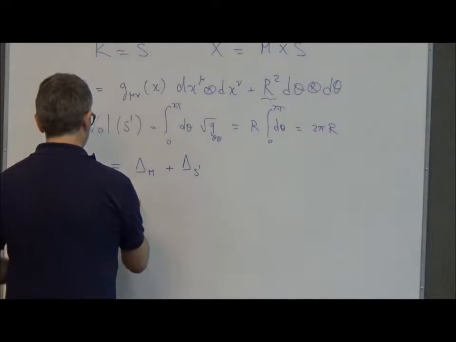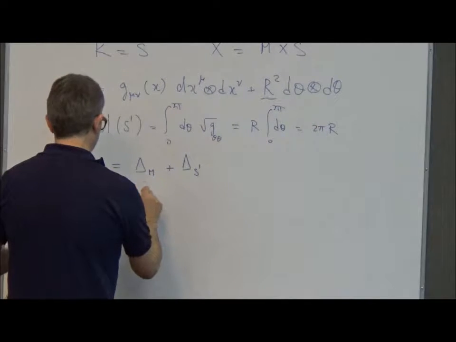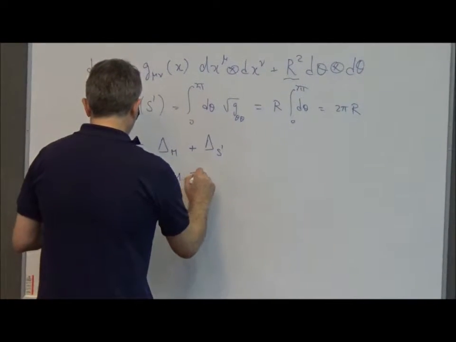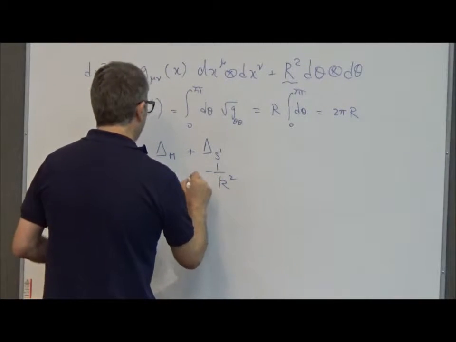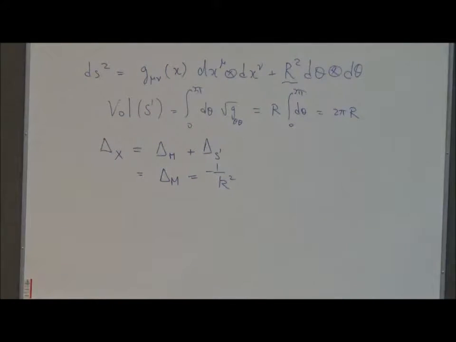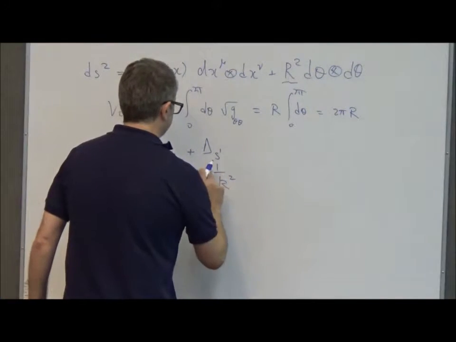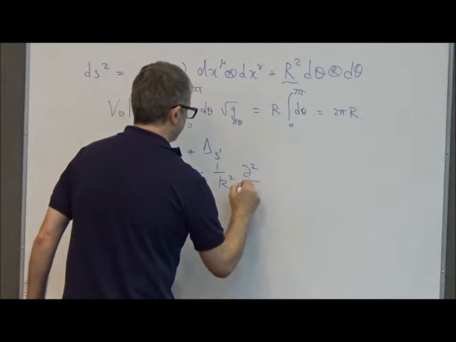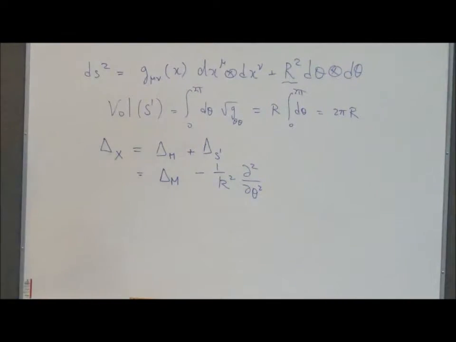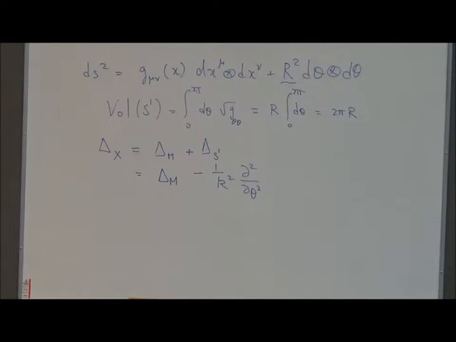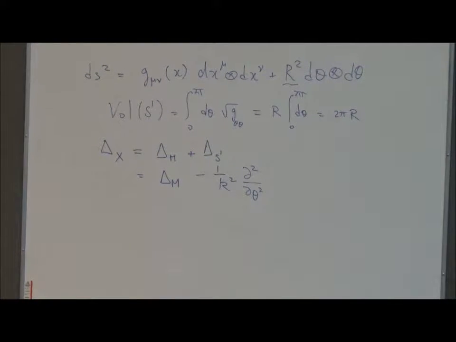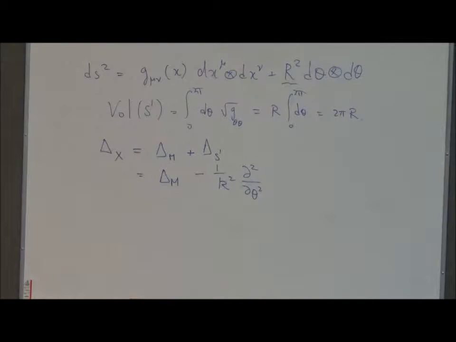So I'll take this to be, well, just that. And this is just minus 1 over r squared. Remember that the Laplacian is made roughly from g^mn D_m D_n, right?